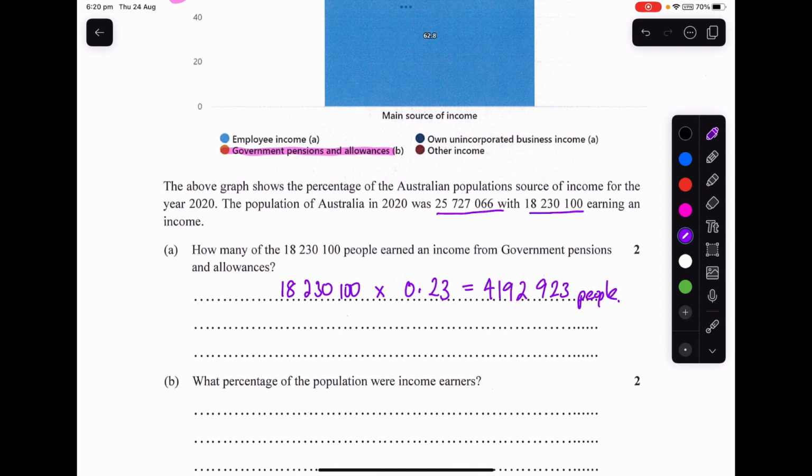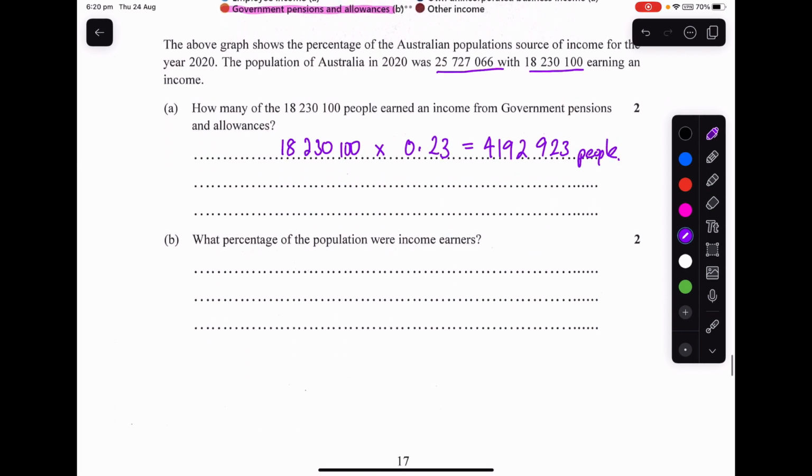Okay. Then it says what percentage of the population were income earners. Well, that's going to be the 18 million out of the 25 million. So let's write that out. So we would go 18,230,100 out of 25,727,066, and we're going to multiply that by 100 to make that a percentage.